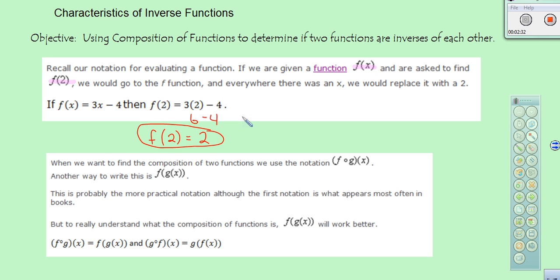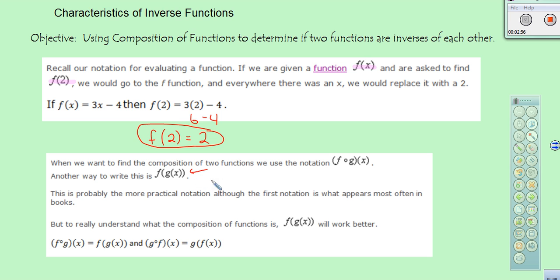So this is a review of function notation, because what happens with a composition function is that when we're given two functions, f and g, then we have a notation that says f composed of g. Just like this is f of 2. So f composed of g will be written like so.